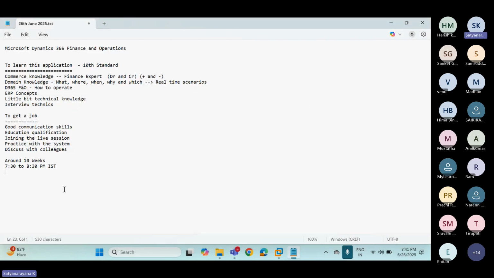Okay, my way of teaching is always first I will teach transactions, then masters, then setups and configurations, and then parameters. Then I will create a new legal entity.